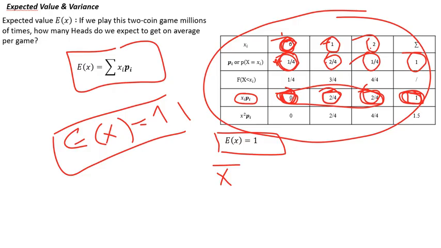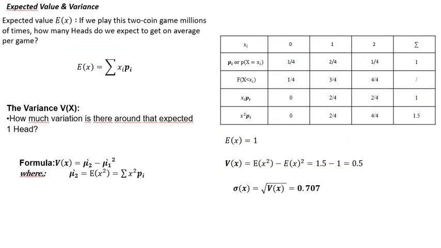Now let's see the variance. The variance tells us how much variation there is around that expected 1 head. If you remember when we studied the moments, the variance V(X) is the second central moment, which equals the second raw moment minus the first raw moment squared.